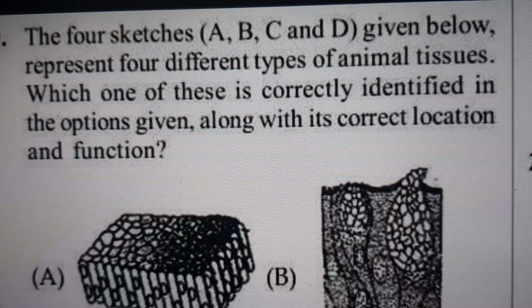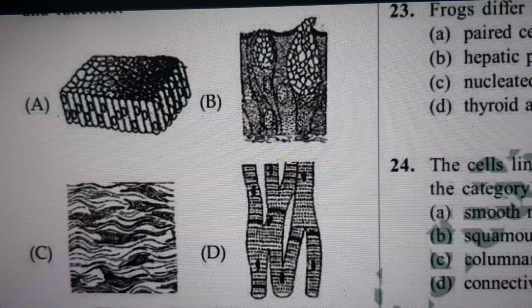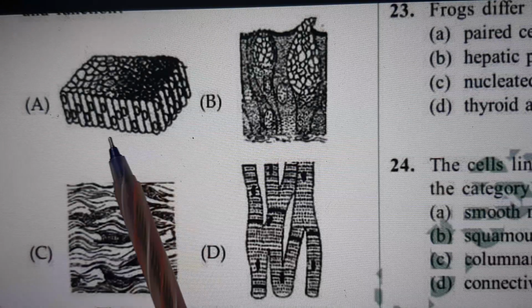The four sketches A, B, C and D given below represent four different types of animal tissues. Which one of these is correctly identified in the option given along with their correct location and function? Let us identify these tissues first. You can see column-like cells.